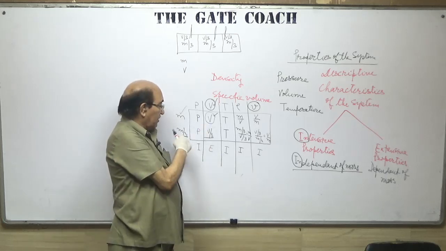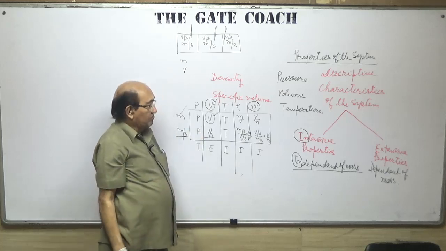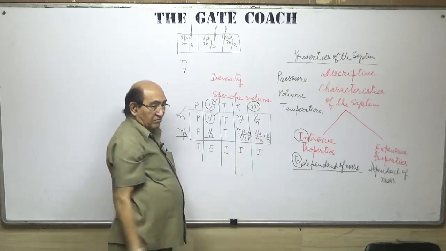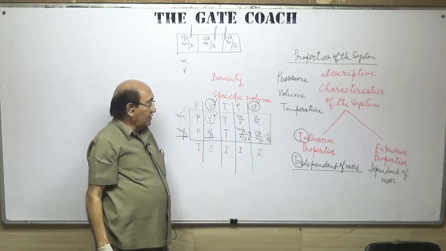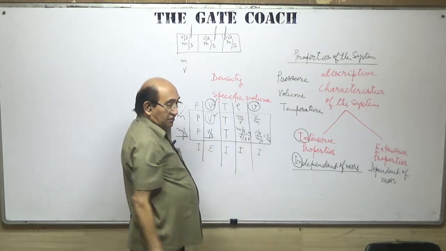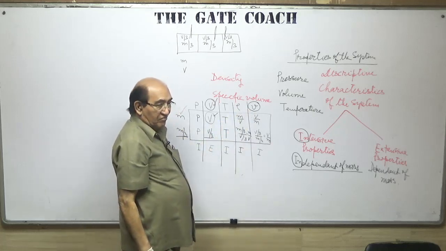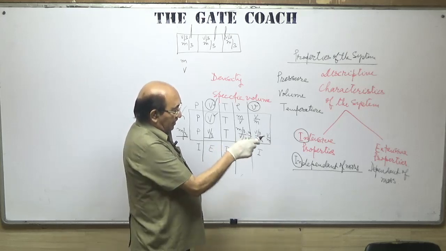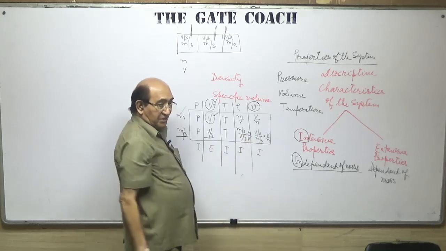Mass changes, the volume also changes. Whereas the specific volume has remained the same. Why? This is extensive, this becomes intensive. And the difference between extensive and intensive is depending upon mass or independent of mass.